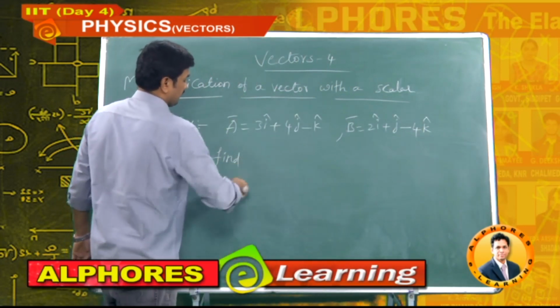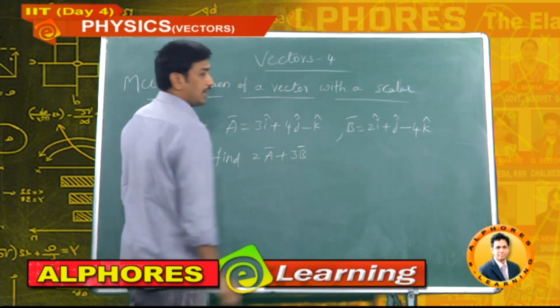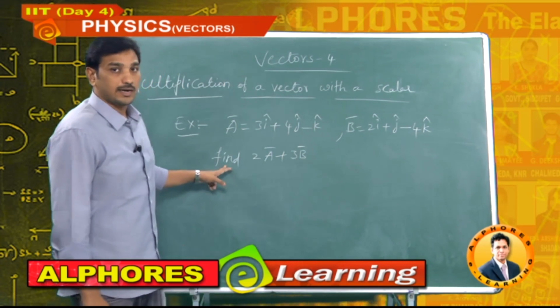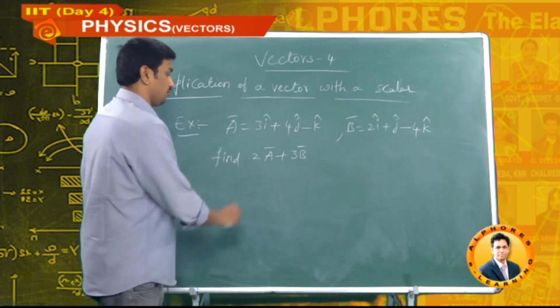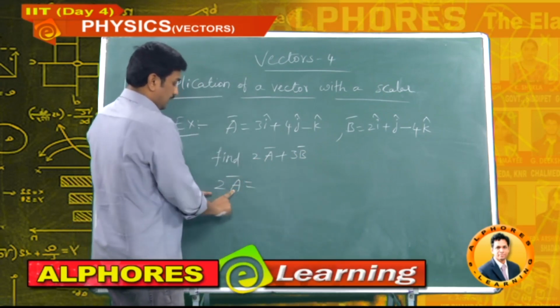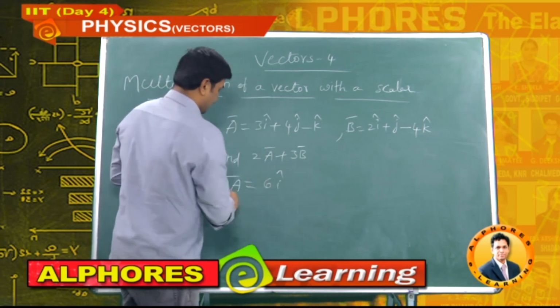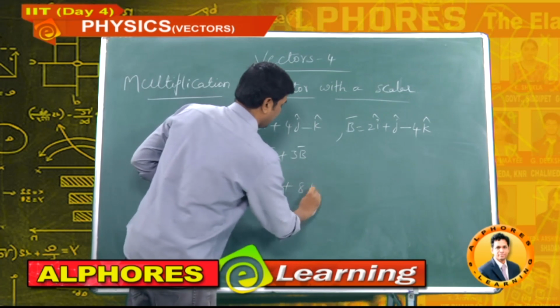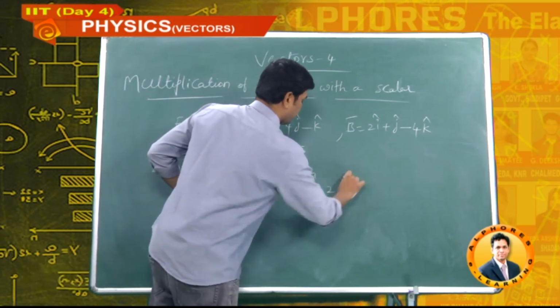Find 2a bar plus 3b bar. I am asking to calculate 2a bar plus 3b bar. First 2a bar: a bar multiplied with 2. 2 into 3, 6. 2 into 4, 8. 2 into minus 1, minus 2.